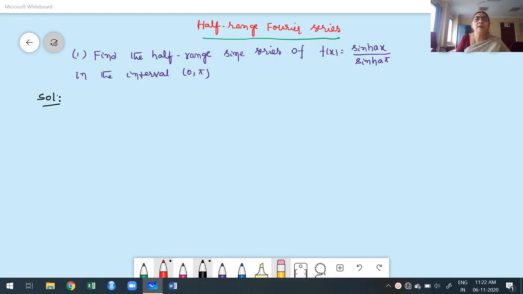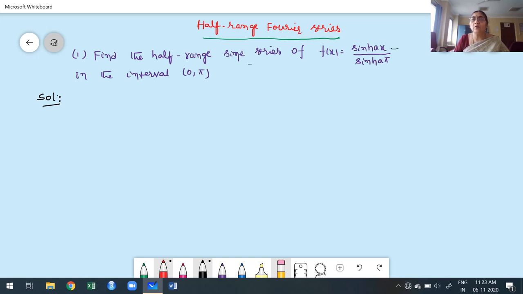Find the half-range sine series of f of x equals sine hyperbolic ax divided by sine hyperbolic a pi in the interval 0 comma pi. Observe carefully here, sine hyperbolic ax is a function of x, but sine hyperbolic a pi is a constant value.